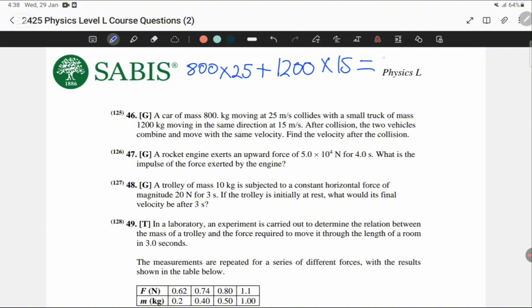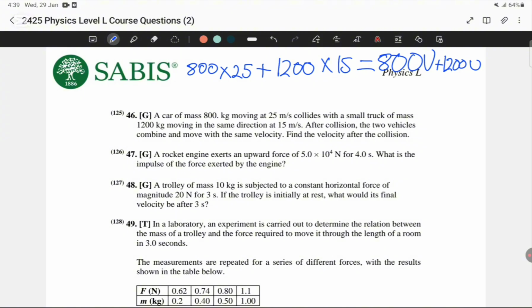So we can do 800 U plus 1,200 U. If you plug it in the calculator, 800 times 25 plus 1,200 times 15 equals 800x plus 1,200x.